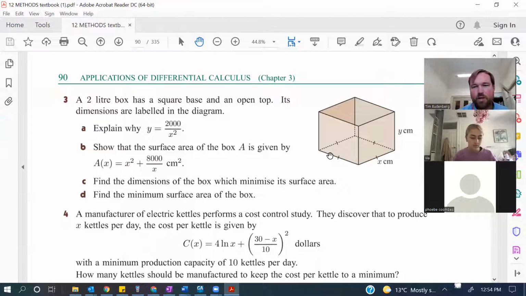So you see how a box can have dimensions of base length, base width, and height. So the dimensions are 15.87 by 15.87, and then you need to find the y. But if you look in part A, y is equal to 2,000 on x squared. So put in the x squared value there, and that will give you the y. Oh, that makes sense.